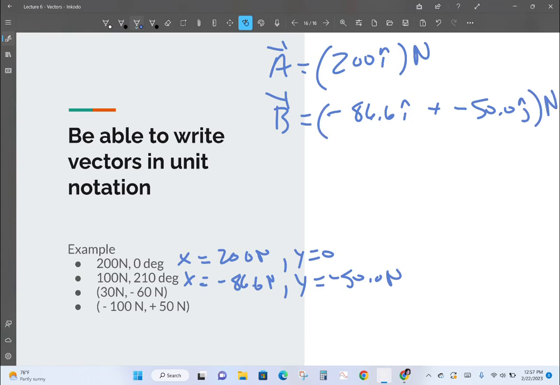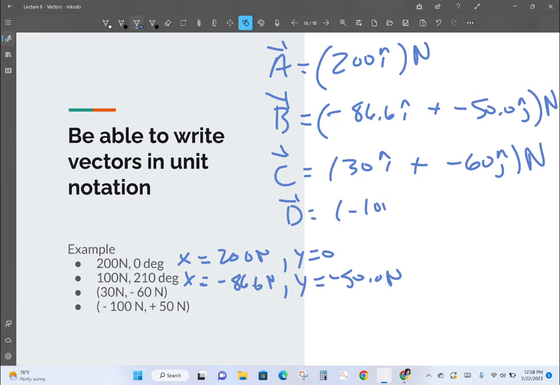And if I'm given the x and y outright, I don't have to do any calculation because I already know what x is. x is 30 in the i direction and negative 60 in the j direction. And vector D would be negative 100 in the i direction plus 50 in the j direction.